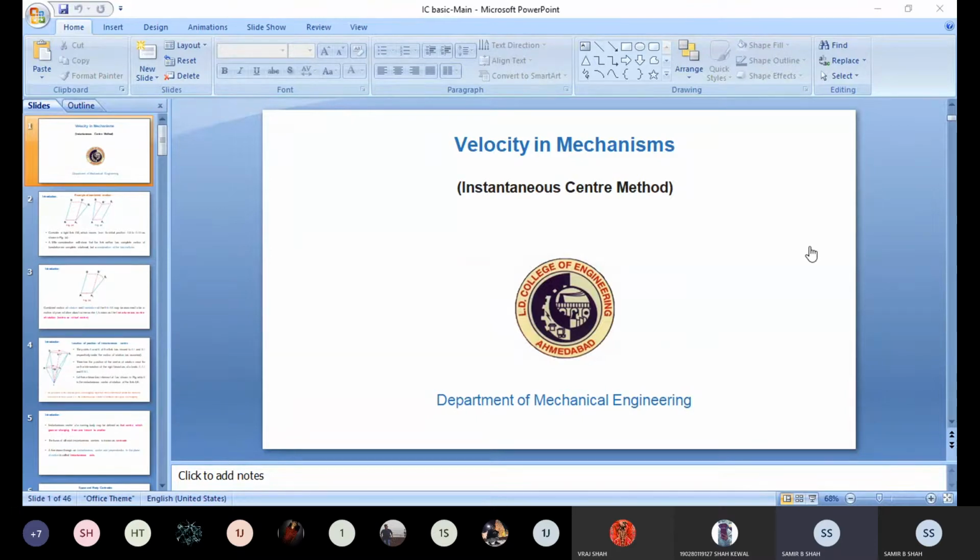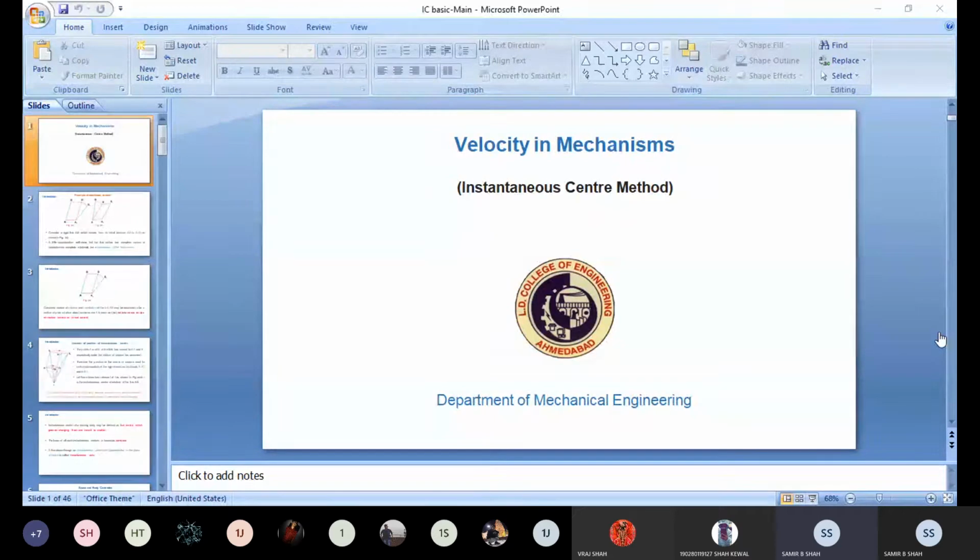The same equation is used here, but this method is somewhat easier compared to the relative velocity method, or you can say the graphical method, which may be somewhat cumbersome. Here two cases are involved: rotational motion and simultaneously translation motion.